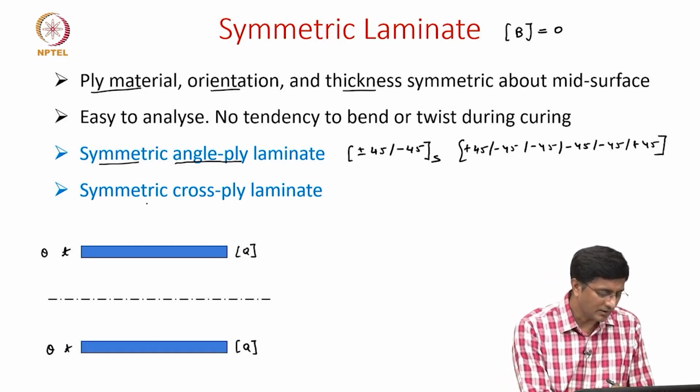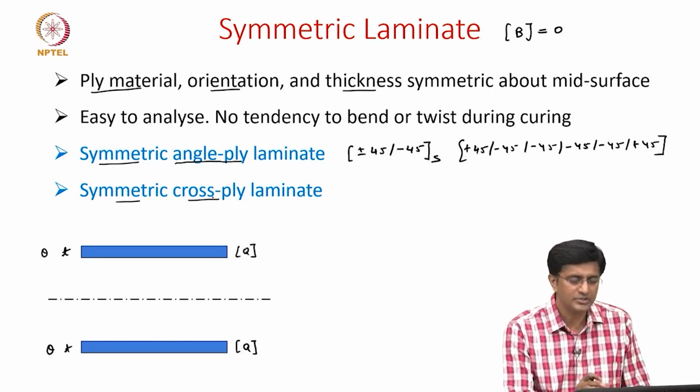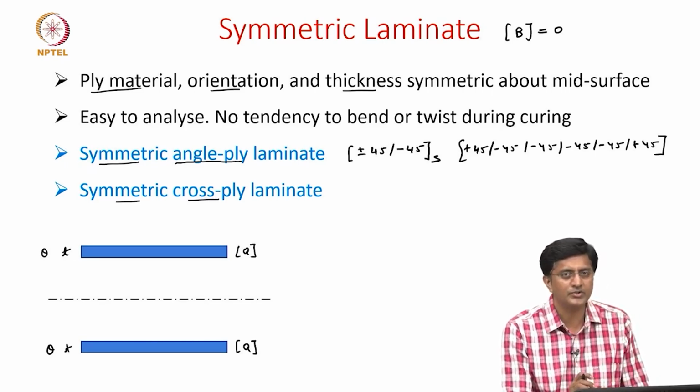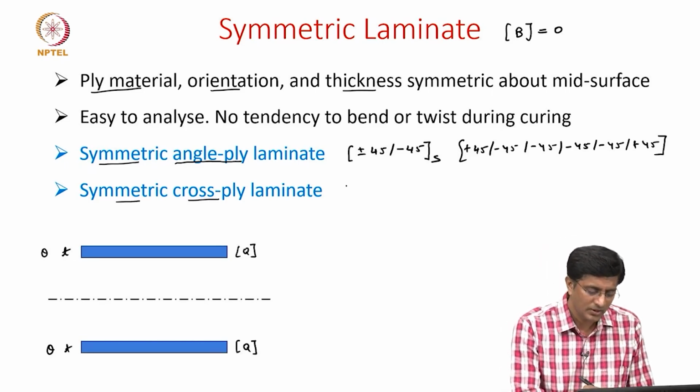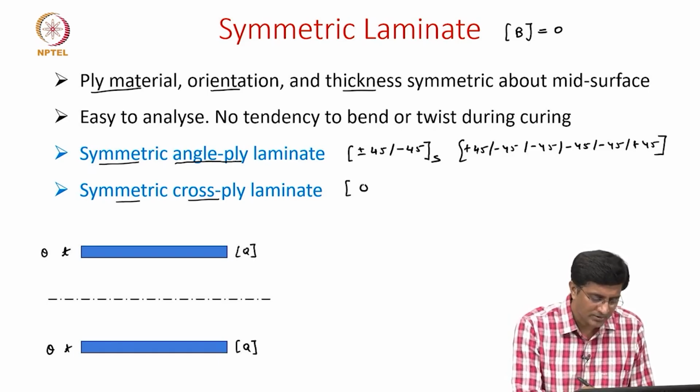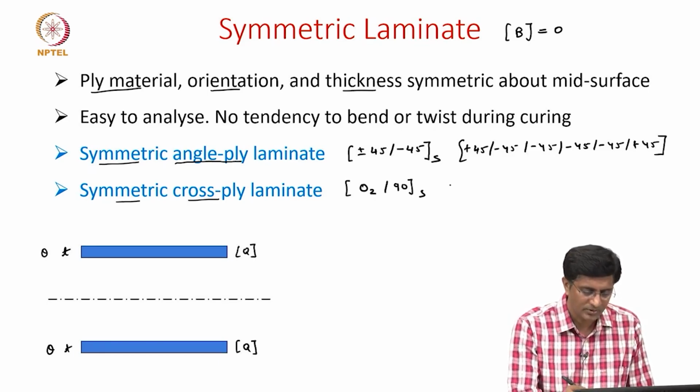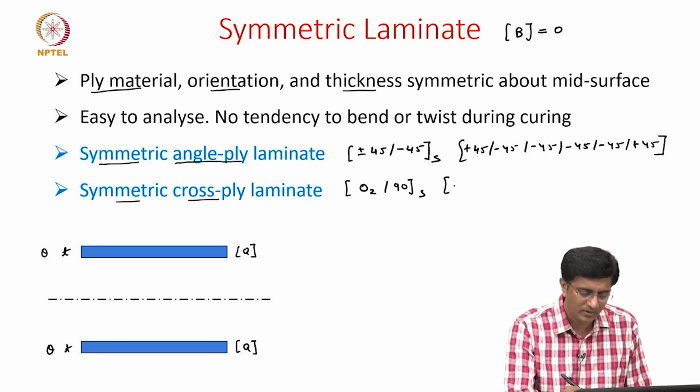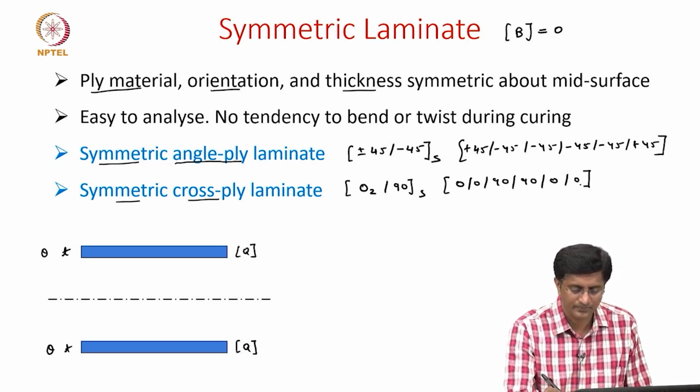And regarding the symmetric cross-ply laminate, the only difference is that instead of theta we will be using 0 and 90. So let's again look at an example. Let's say 0 2 / 90 and it is symmetric. If I have to expand, it will be 0 0 90 90 0 0.